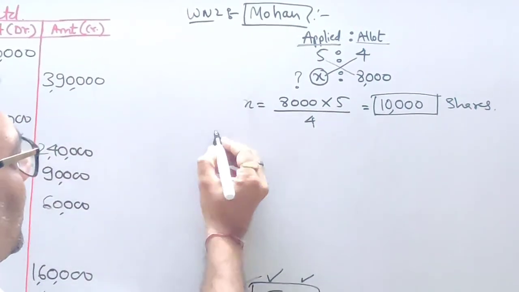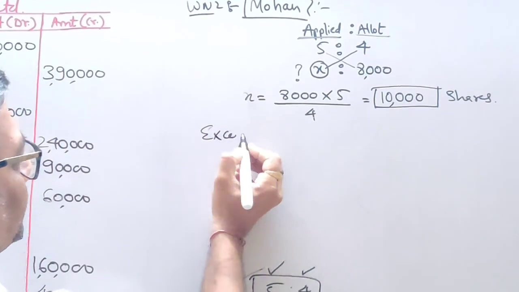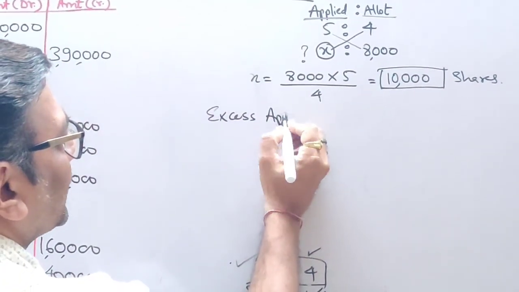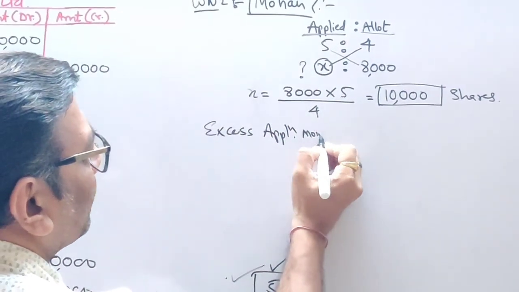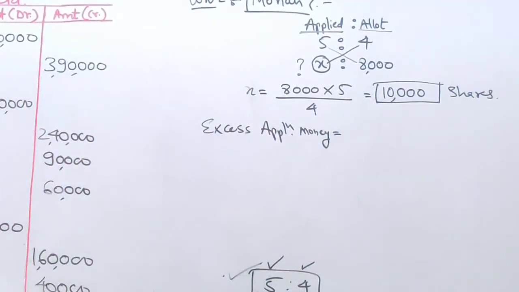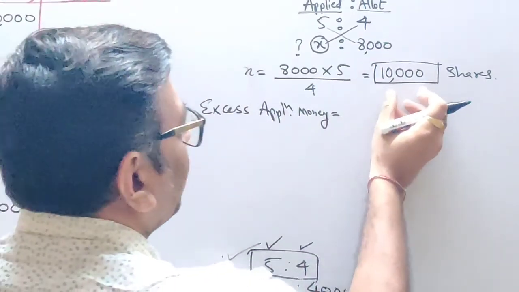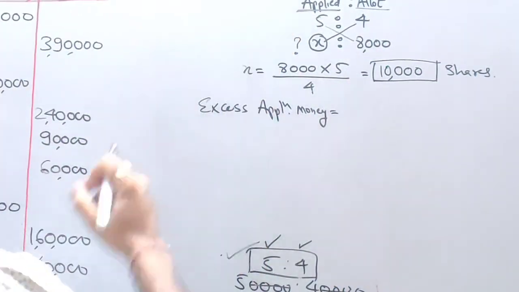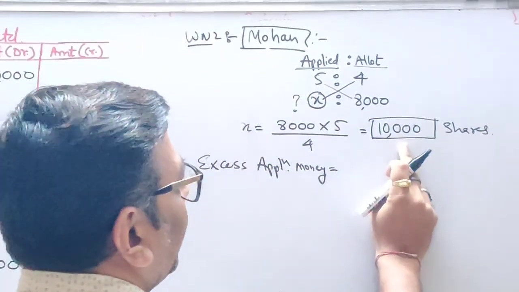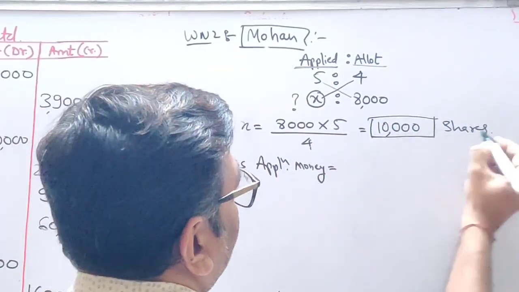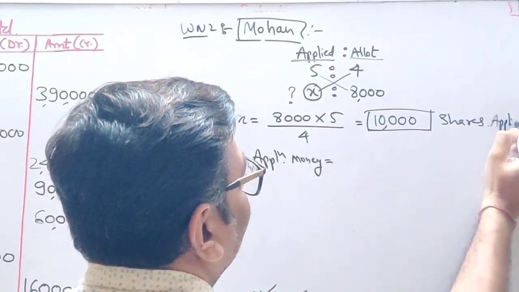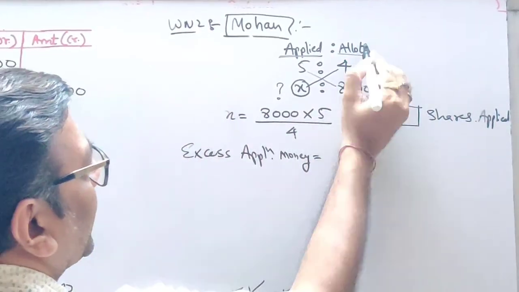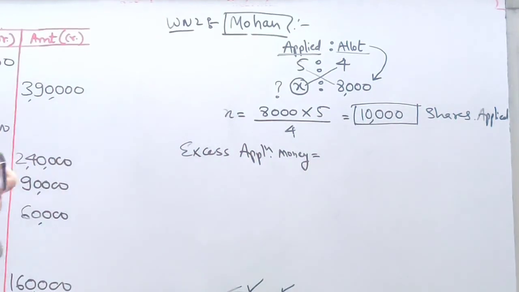Now we need to find excess application money. How to find this excess application money? Can you tell me, students, how many excess shares are there of Mr. Mohan? He applied for 10,000 shares. How many shares were allotted to him? 8,000.